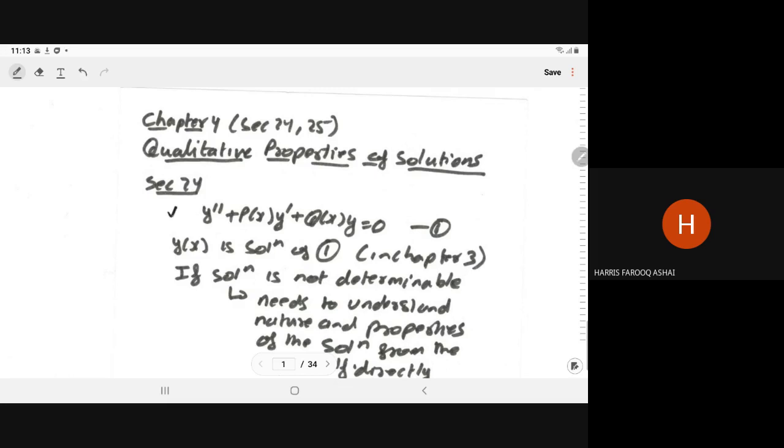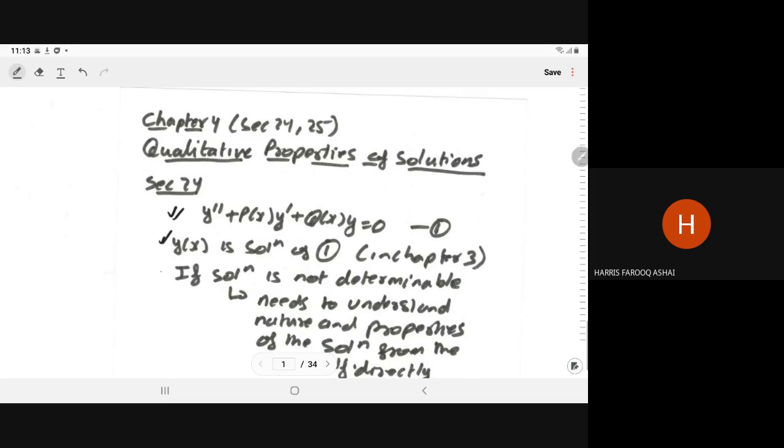So here we have the second order differential equation y double dash plus p(x) y dash plus q(x) y equals 0. In chapter 3 you determined the solution of this homogeneous or non-homogeneous differential equation, c1 y1 plus c2 y2, and you computed y1 and y2.